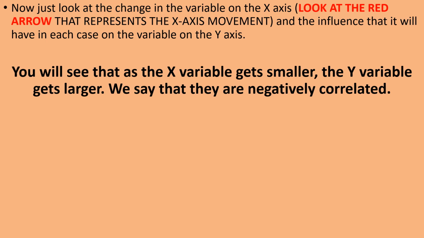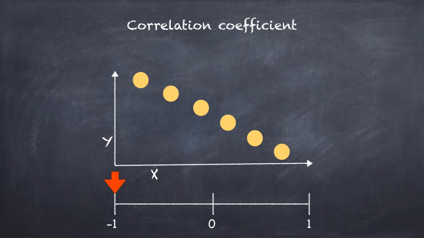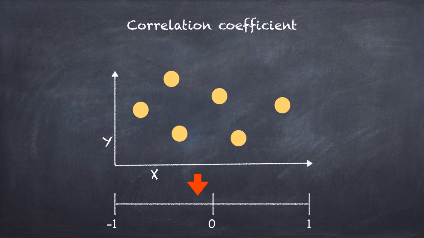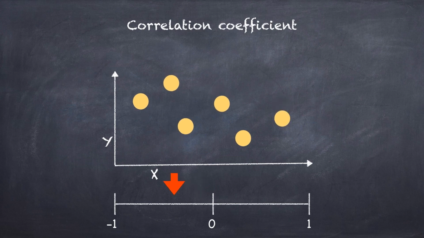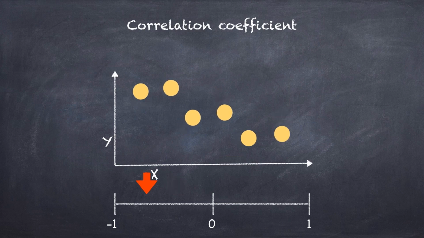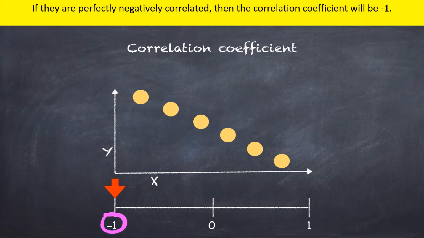And then we say that they are negatively correlated. If they are perfectly negatively correlated, then the correlation coefficient will be -1.